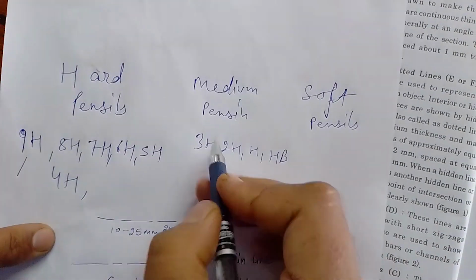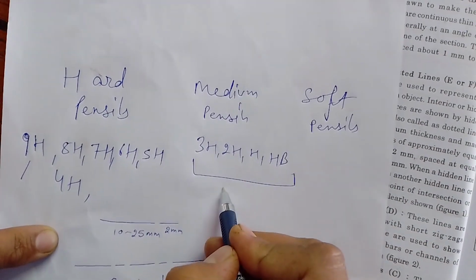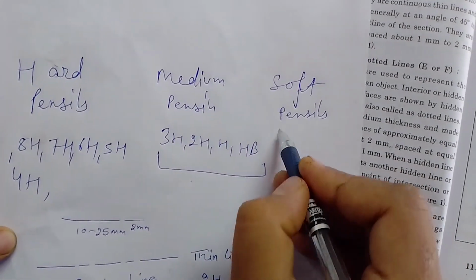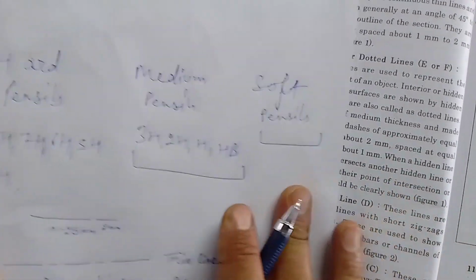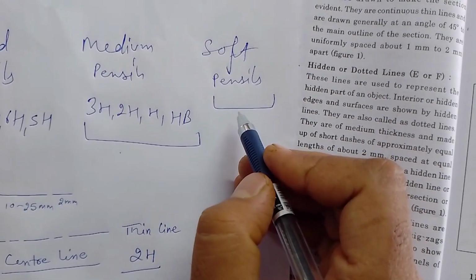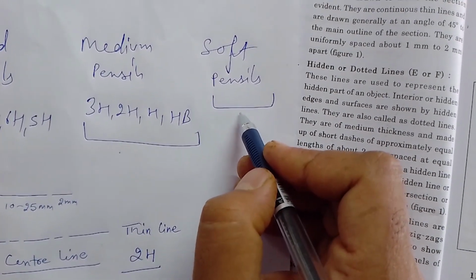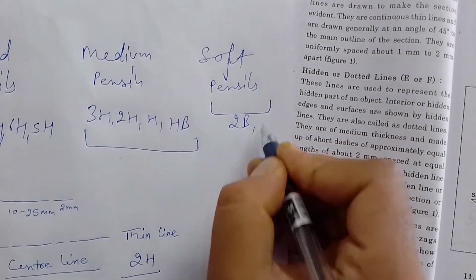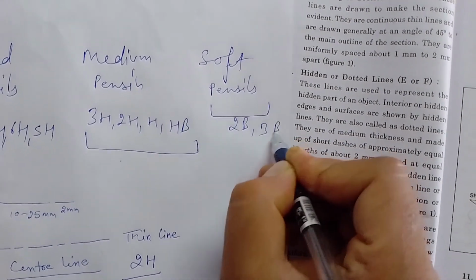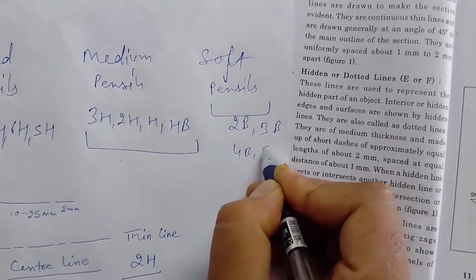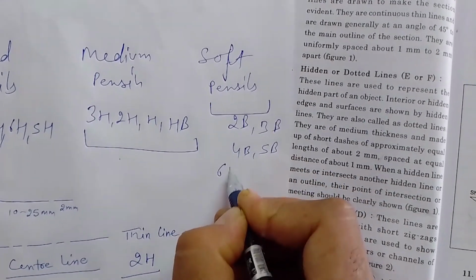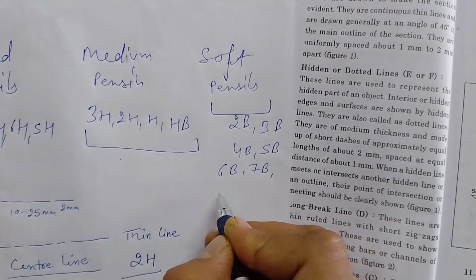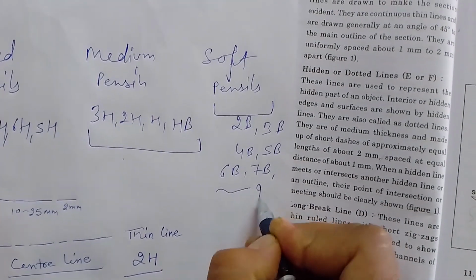These are the medium pencils which we usually use in engineering drawing. The soft pencils are not used in engineering drawing; they are used by artists. They are 2B, 3B, 4B, 5B, 6B, 7B, and somewhere up to 9B.